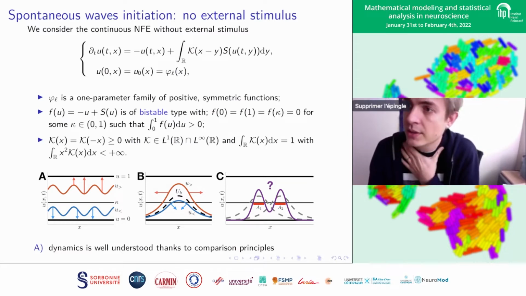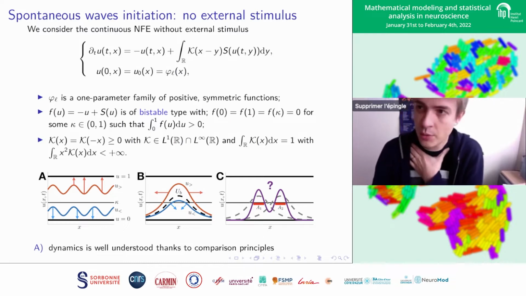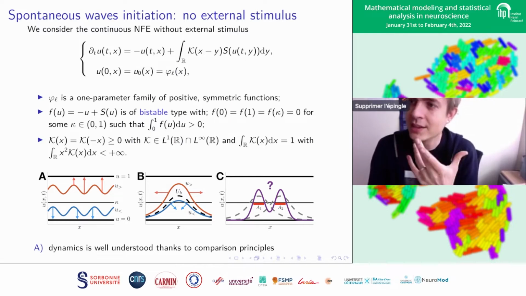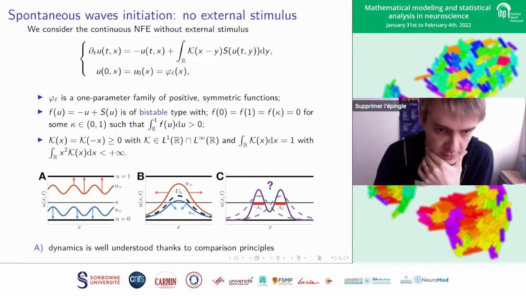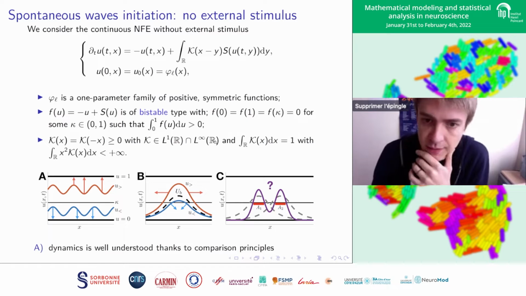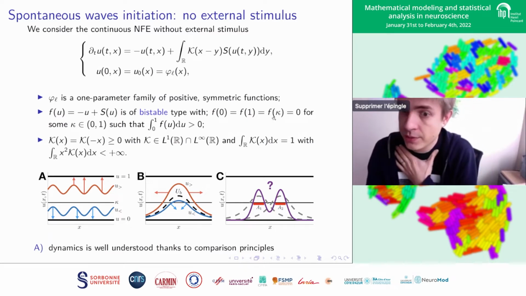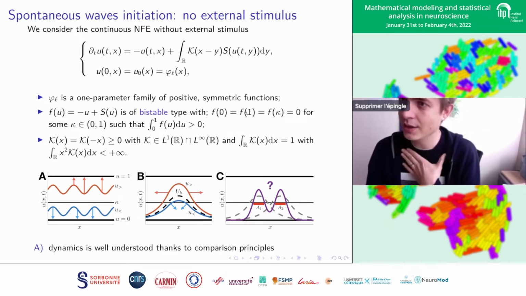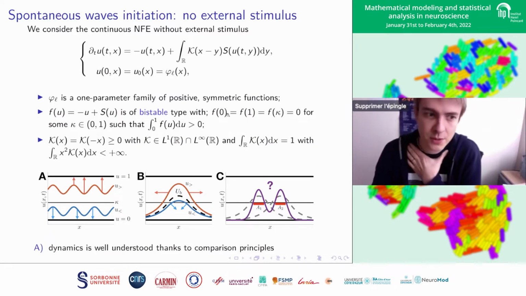So a little bit as in the setting described by Mathieu in his talk yesterday about this bistable or excitable type dynamics. And I have a further assumption here that the integral between 0 and 1 of f is positive. This just means that 1 is more stable somehow than 0.